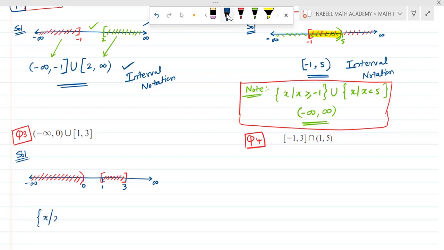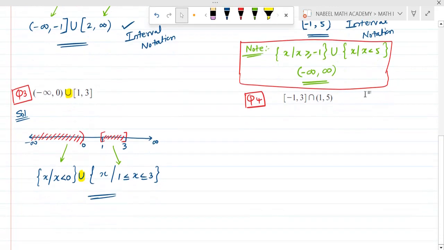This is given x less than 0, not closed because it is open. And here you can write the union, and here x such that 1 less than or equal to x less than or equal to 3. So this is the set builder notation for this part and this one, and we have to write it with the given union.